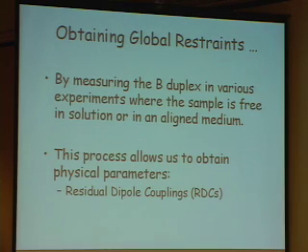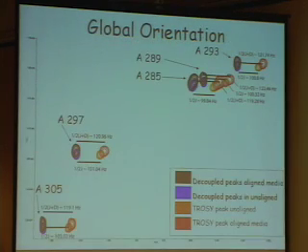So, obtaining global restraints. By measuring the B duplex in various experiments where our sample is in an aligned media such as phage, which keeps the sample in a quasi-solid state or a preferred orientation, we can gain insights into physical parameters known as RDCs, or residual dipolar couplings. So here's an HSQC.